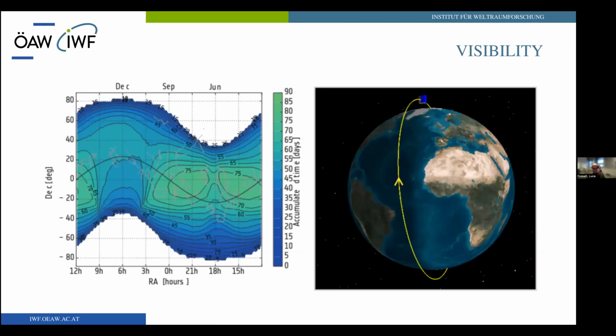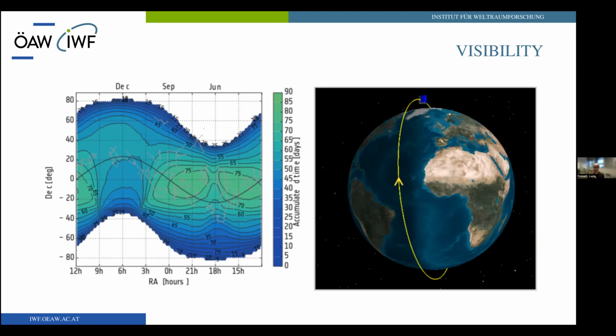As a result of the orbit of CHEOPS around the Earth, CHEOPS cannot observe the entire sky. So this is the CHEOPS visibility map. You see the right ascension on the x-axis and declination on the y-axis, and you see that essentially we can look mostly along the equatorial plane, and then we can move slightly above and below, but not that much. And we can see parts of the sky for a maximum of about 2 months or 2.5 months at most.